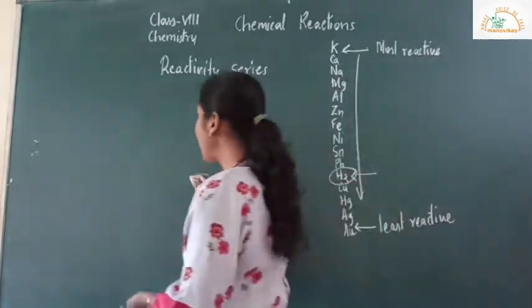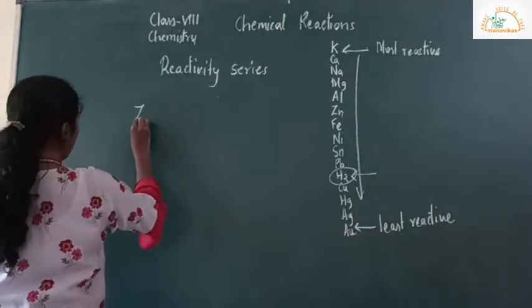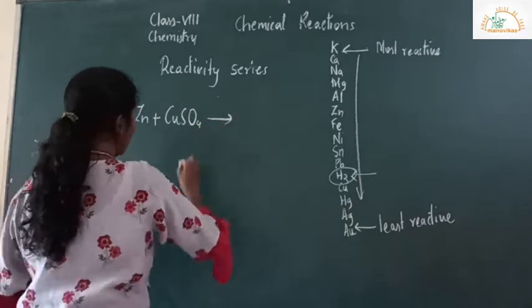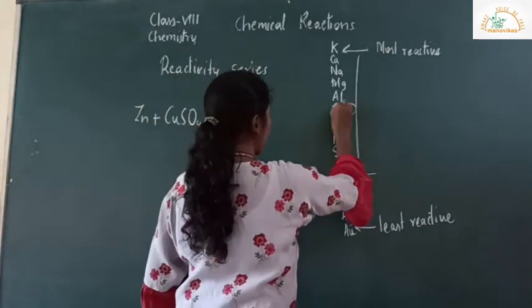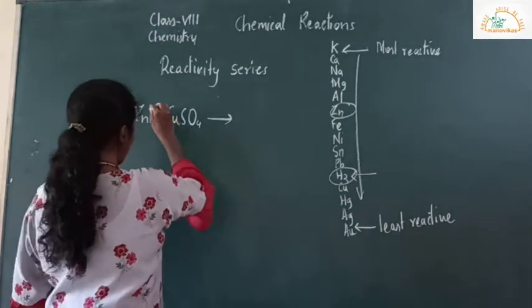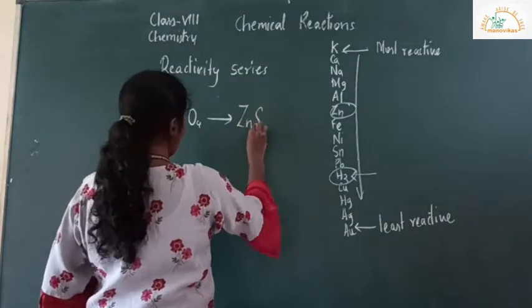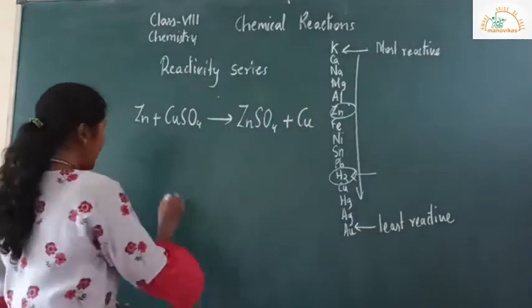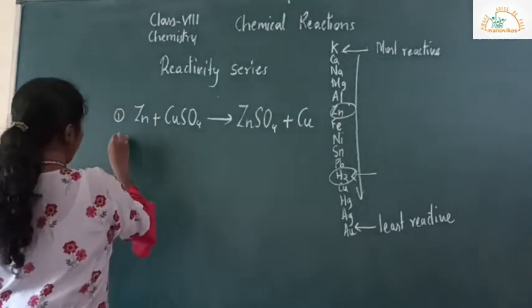Okay. So here let's take an example. We have zinc plus copper sulfate. So over here, zinc is most reactive, so it can displace the copper from its solution. So what I will get is zinc sulfate plus copper. Let's take one more example.